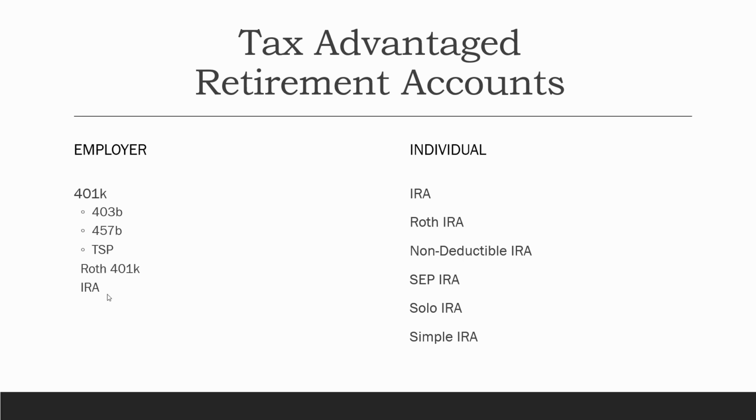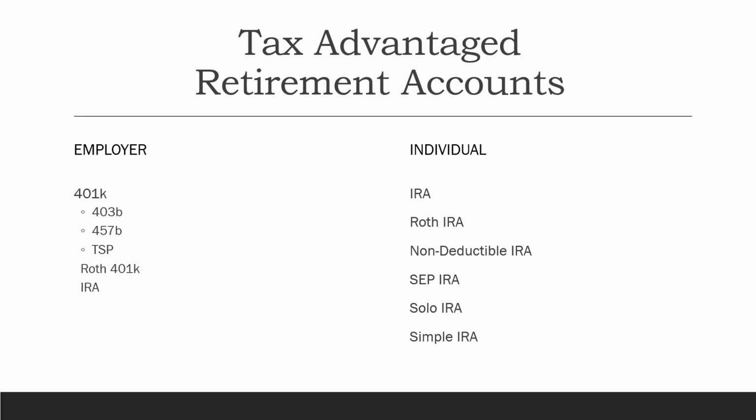And the IRA, there are little known, typically for small employers, they can help you set up an individual retirement account as well. On the individual side, we have things like the traditional IRA, the Roth IRA, then there's a non-deductible IRA. If you're a high income earner, you can't participate in the Roth and other options, or if you have too much money, or you fully fund the other options, then the non-deductible IRA is an option.